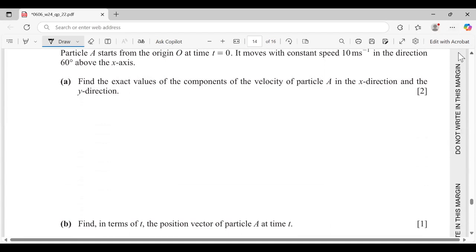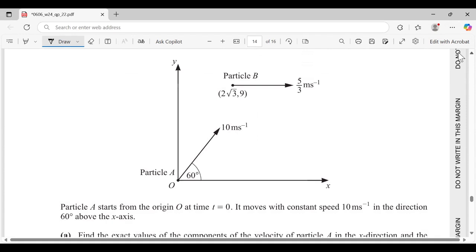On this diagram, there are component vectors.